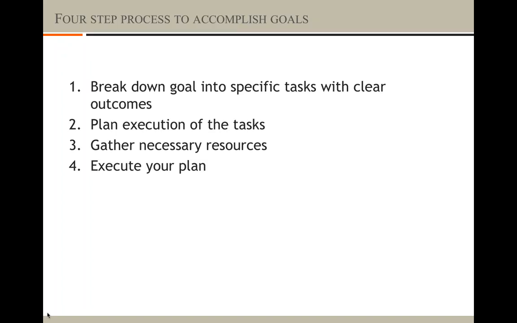Then the third step is to gather the right resources. As you schedule, remember that many efforts fail when planners overlook a significant part of the work or underestimate the time and resources required to complete them. So, once you have planned how each task will be executed, you should check on your resources. Do you have the money to get the job done? Do you have the right people in terms of training, reliability, skill sets?